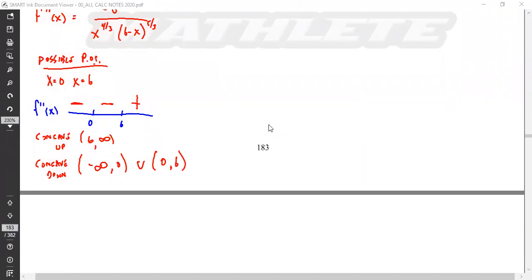We have a point of inflection. Not at 0, but at 6 we do. Changes from negative to positive concavity. And so we have 6, 0. Woo! Lots going on with that question.